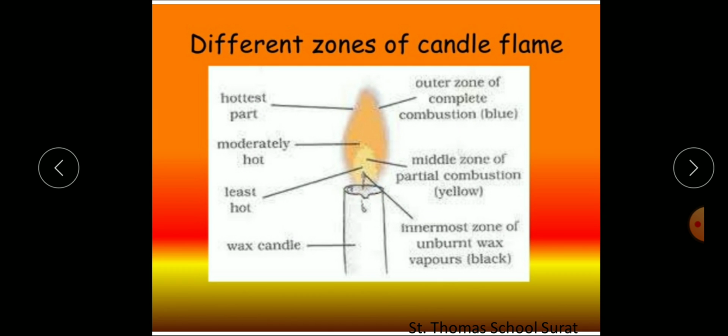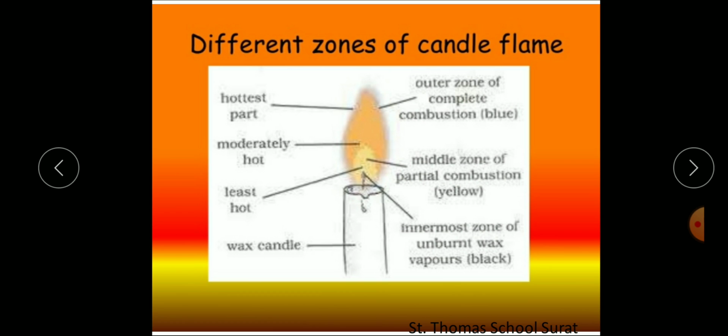You can see here the figure which is shown in this. This is a candle. When you burn the candle, it shows 3 different zones. You can see one which is innermost zone, second which is middle zone, and the third is outer zone.